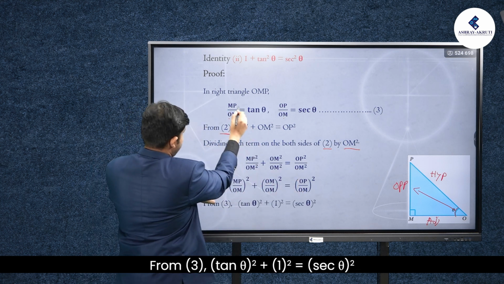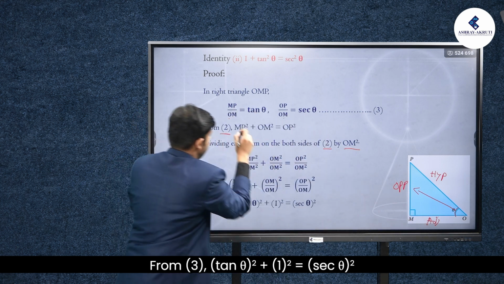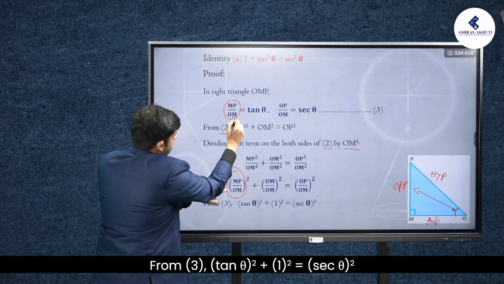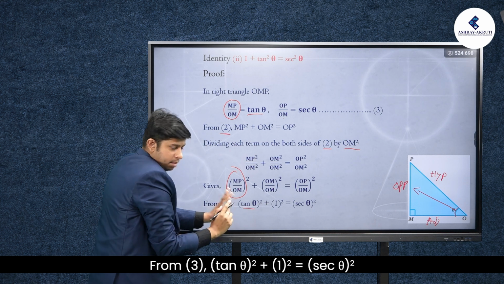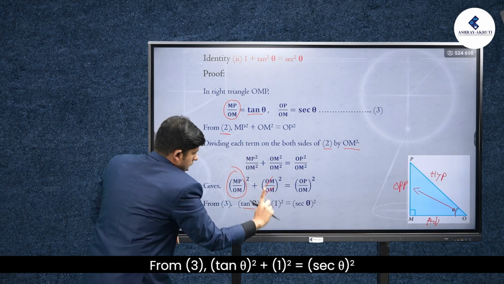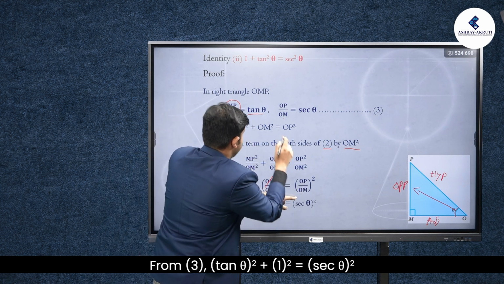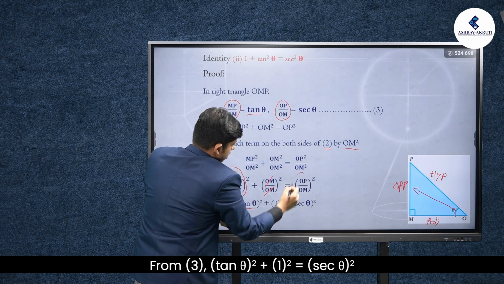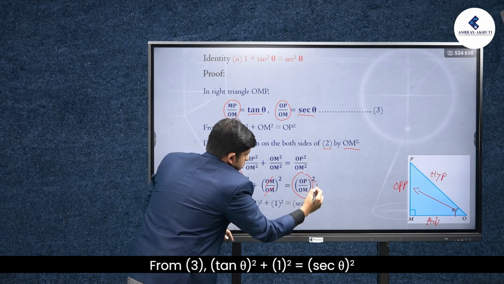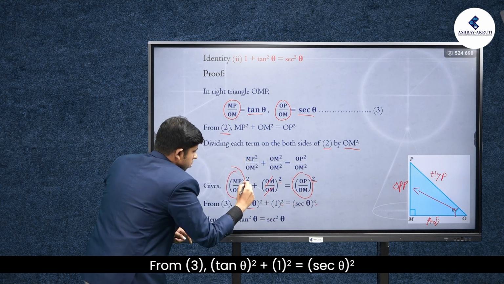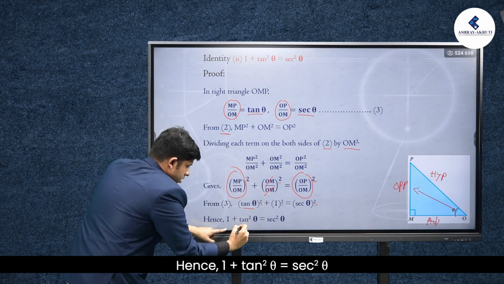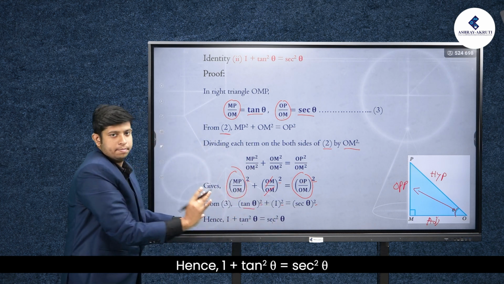From 3, we can write (tan theta) whole square plus 1 square is equal to (secant theta) whole square. Hence, 1 plus tan square theta is equal to secant square theta.